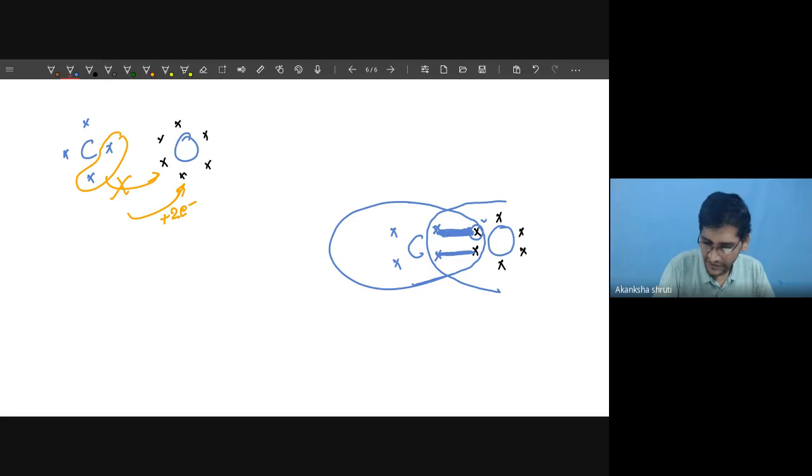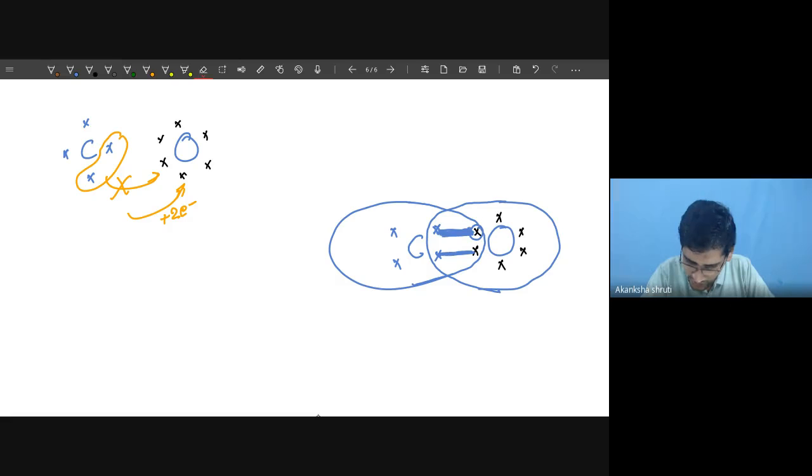So let me just draw like this, oxygen like this. Now, for the oxygen atom, you count the number of electrons. So 6 electrons, 6 are the black electrons, which were of the oxygen itself. But the 2 more electrons are shared by the carbon.